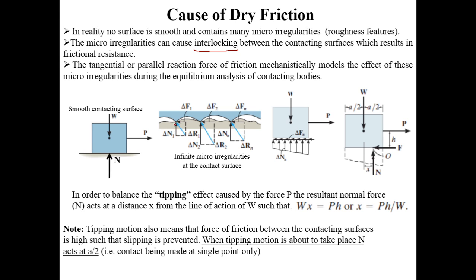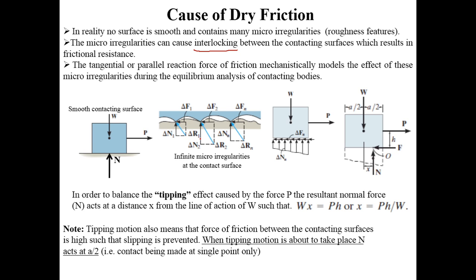So whenever these two micro irregularities, acting at different interfaces, come in contact with each other, there will be a normal reaction. And because of these irregularities and roughness, the interlocking effect can take place, and so there will be a parallel or tangential friction force acting at this point.